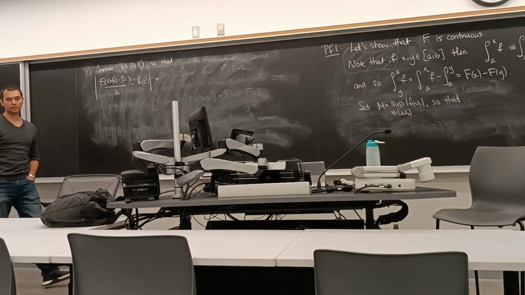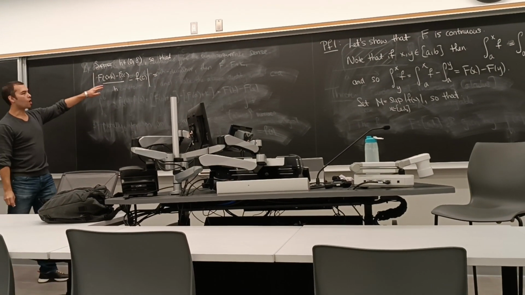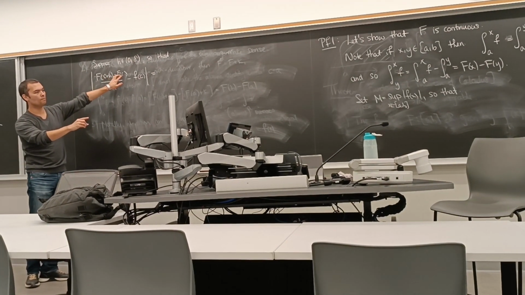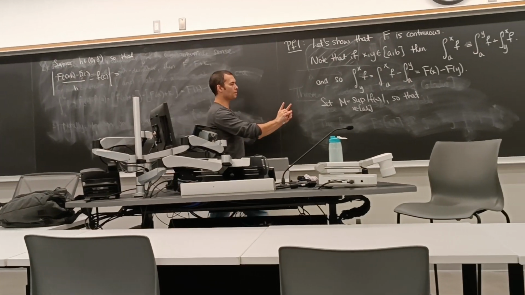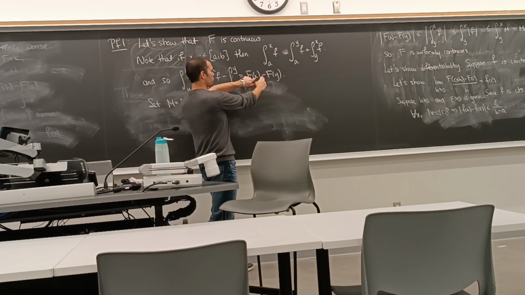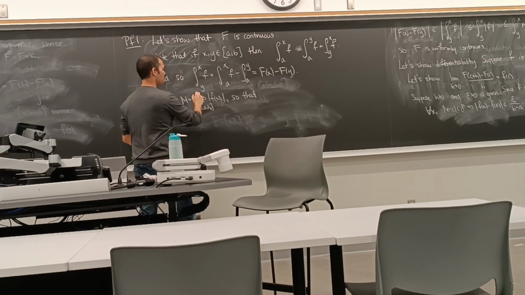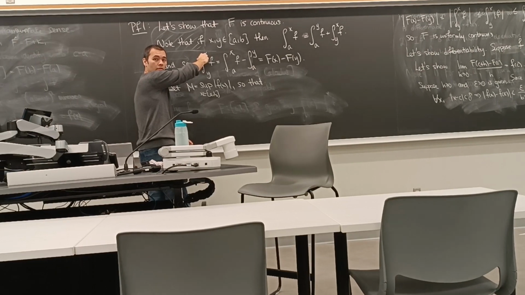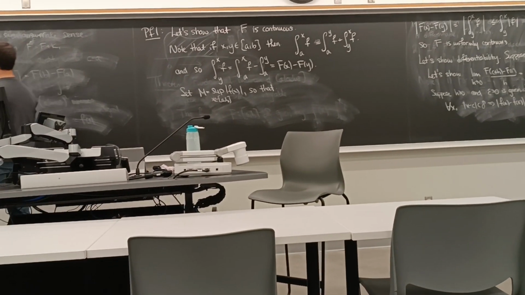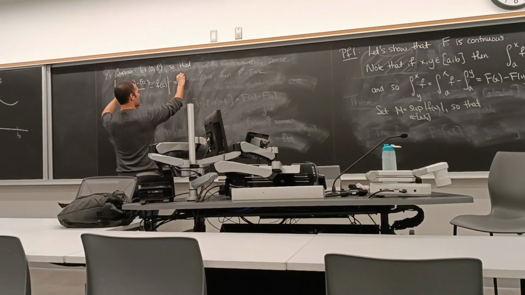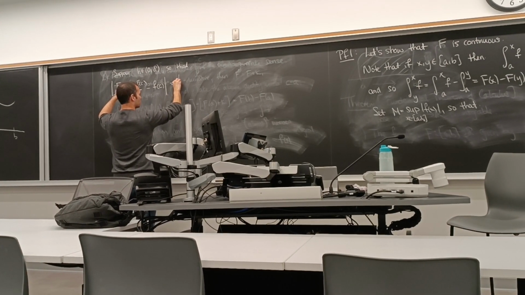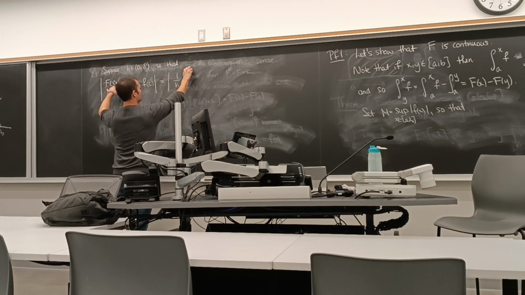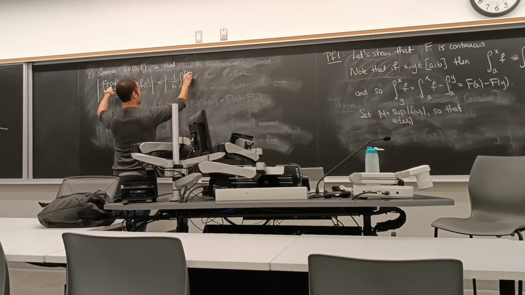Okay, there's going to be a lot that we have to parse here. We already know, I think it's still on the board, that f of c plus h minus f of c, if we plug that in here, is going to be the integral from c to c plus h of f. So let's do 1 over h times the integral from c to c plus h of f.